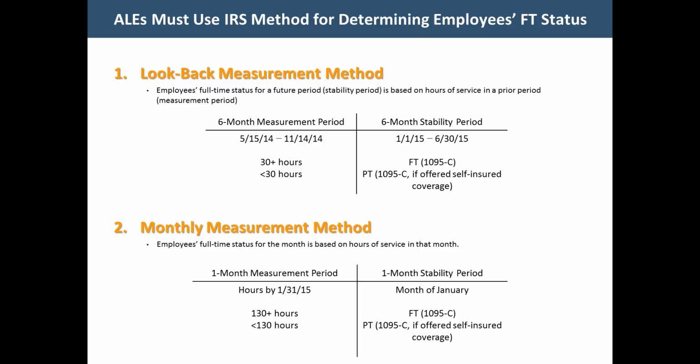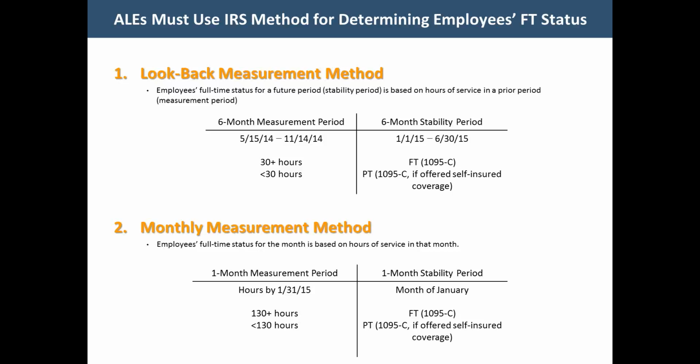So they want to lock their full-time status, or their eligibility if they're using it for health plan eligibility, for the first 6 months of 2015. In order to do that, they looked at their employees' total hours of service between May 15th, 2014 and November 14th of 2014. They calculated those hours, and anyone who averaged 30-plus hours is considered full-time for the first 6 months of 2015.